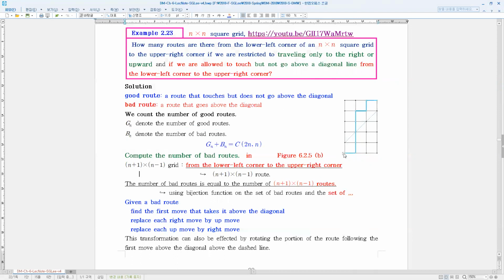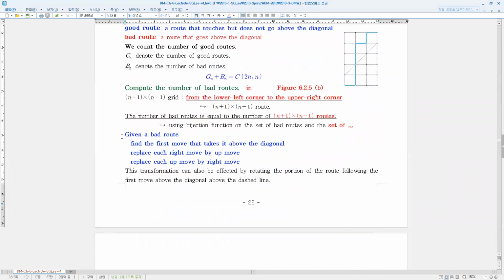The number of bad routes is equal to the number of routes in the n plus 1 by n minus 1 grid, using a bijection function on the set of bad routes.